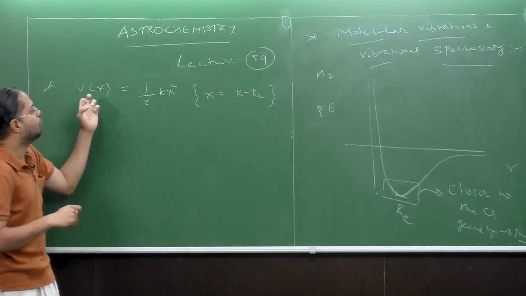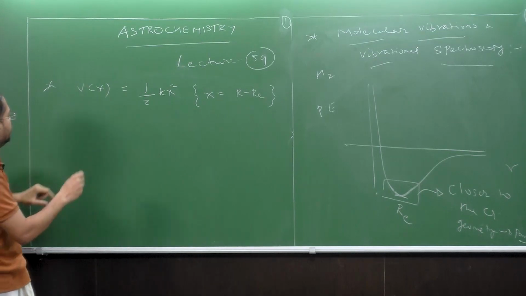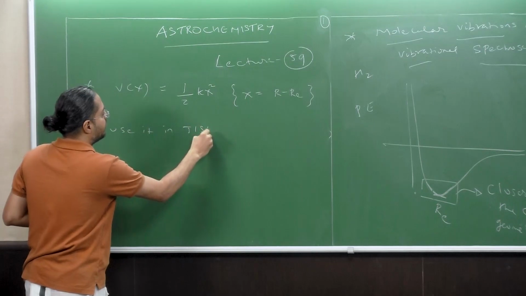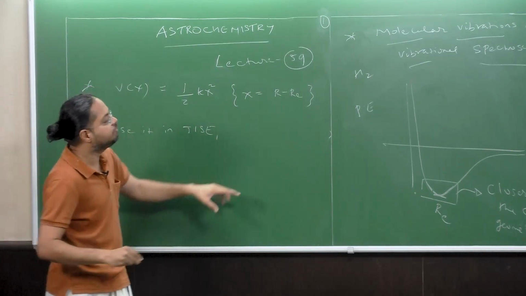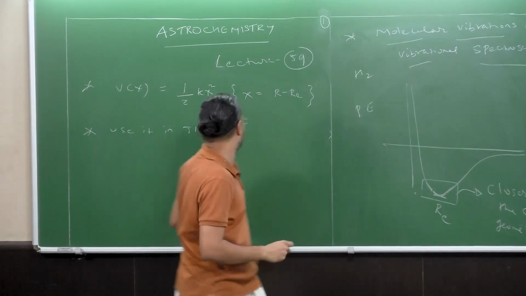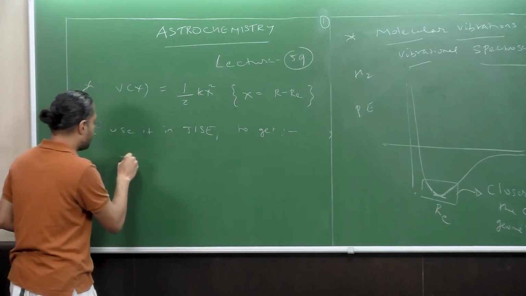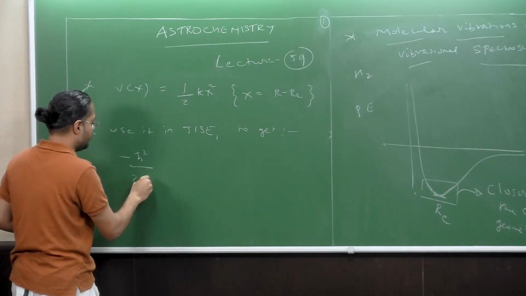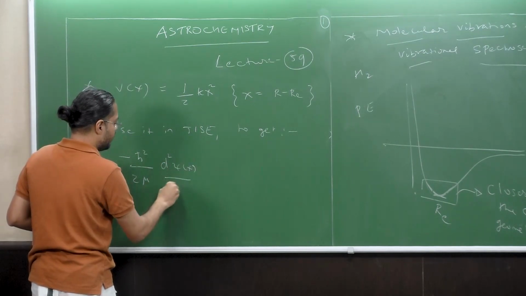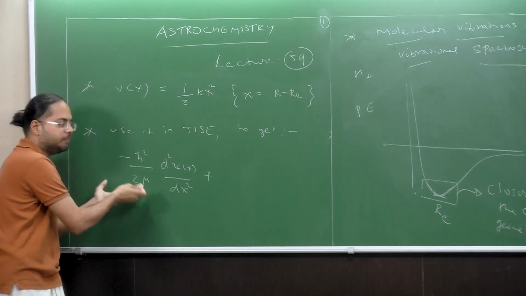So with this potential form, I can use it in the time-independent Schrodinger equation for this particular potential energy surface, especially closer to the equilibrium bond length, to get something like minus h bar square by 2 mu d square psi of x by dx square, plus this is the kinetic energy term.